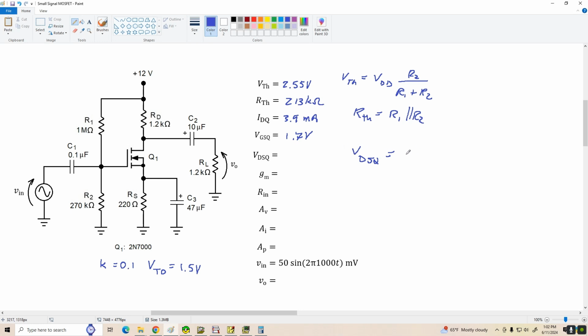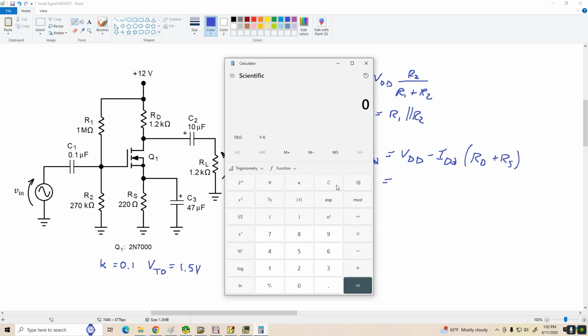But VDSQ equals VDD minus IDQ times RD plus RS. All right, so let's see what we come up with here.